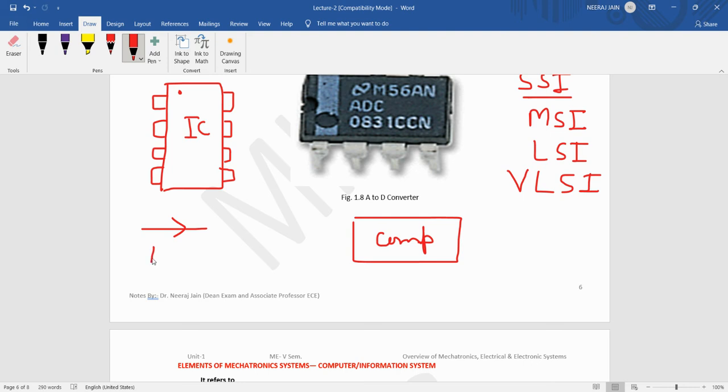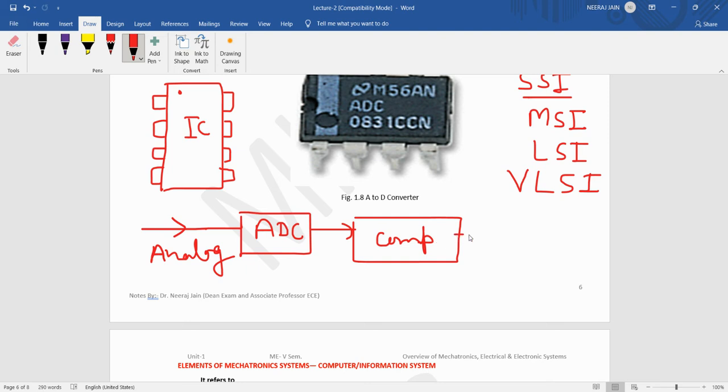If we measure any physical variable, then our signal will be in analog form, and this analog signal is converted into digital form with the help of the analog to digital converter, or ADC. Now that signal is digitized and used in the computer.